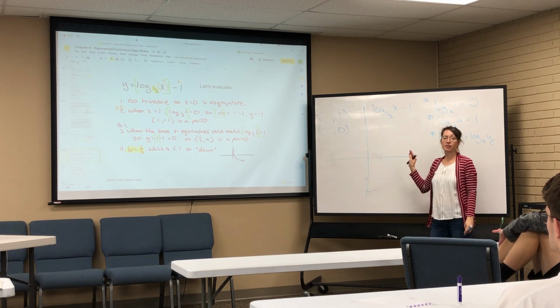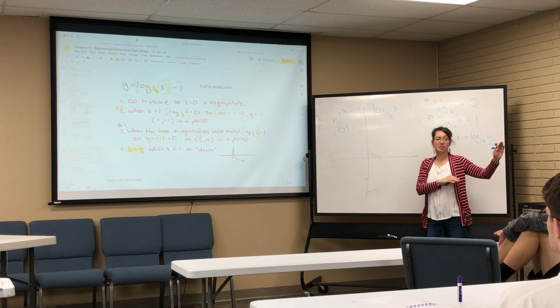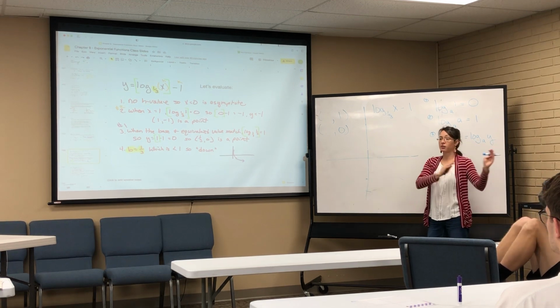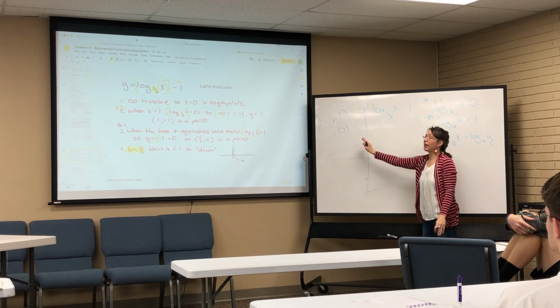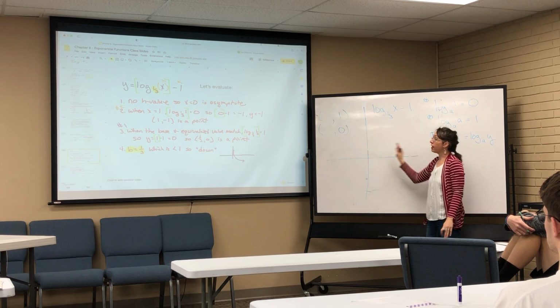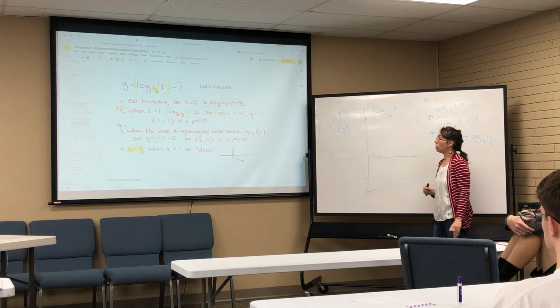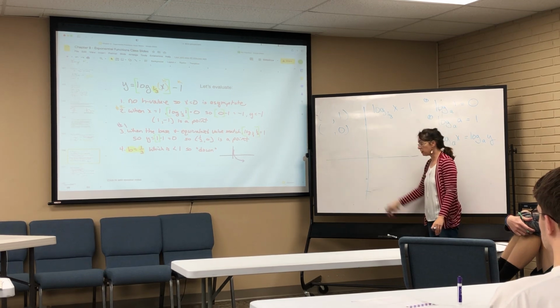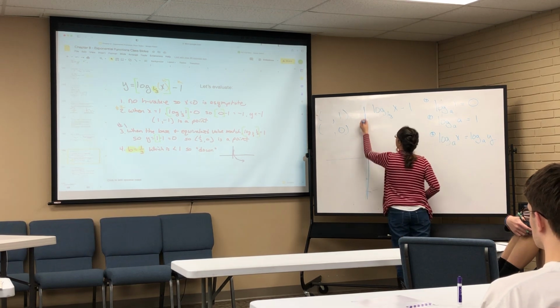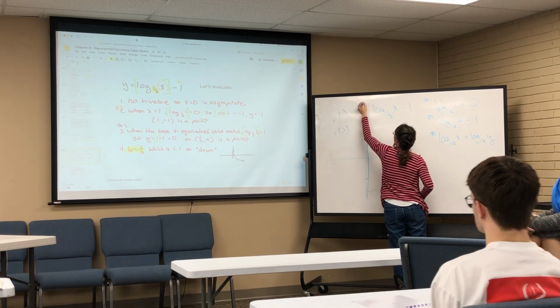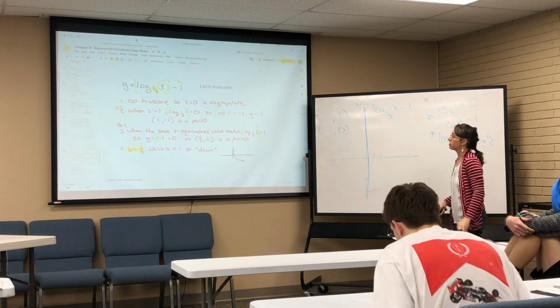It's the same thing all the way back from linear equations and quadratics. When we add something to the x value, it moves it left and right, correct? So we have nothing added to our x value, so it has not shifted left or right at all. So our asymptote is still our x equals 0. Okay? It's our y-axis here.